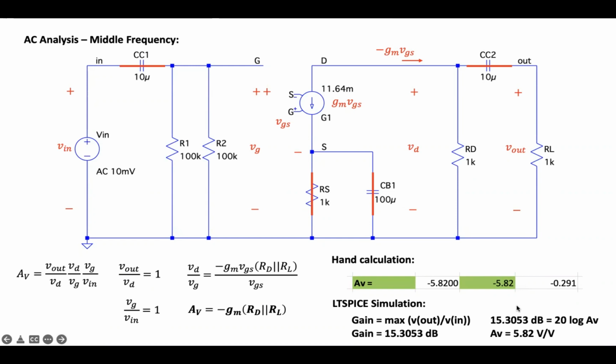Voltage gain in decibels is equal to 20 times the logarithm of the voltage gain in magnitude. So 15.3053 divided by 20, then apply the anti-logarithm, we are able to arrive at a voltage gain also equal to 5.82 volts per volt.